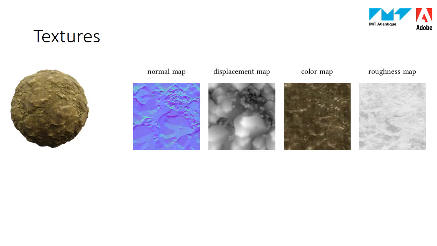The displacement map allows a game engine to actually change the surface relief, like changing elevation of the polygons. The color map is the visual underlying color of the object, and the roughness map is, like its name says, an indicator of how the light should reflect. Other typical texture maps include metallic image and mask.